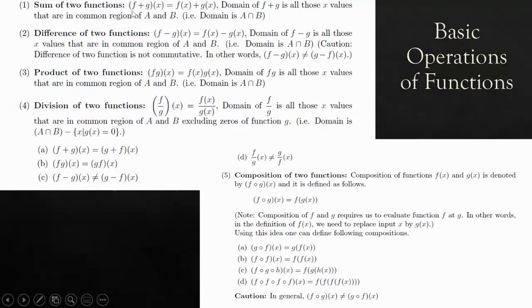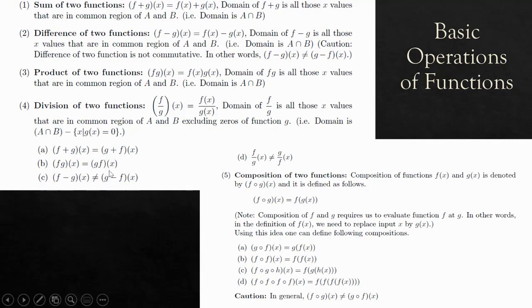So as you can see, the formula here, f plus g of x is equal to f of x plus g of x. And then difference of two functions is subtracting two functions. And then product of two functions is multiplying two functions. And then division of two functions is basically dividing two functions.